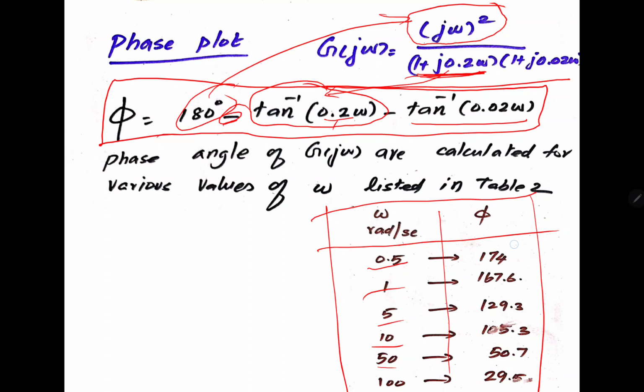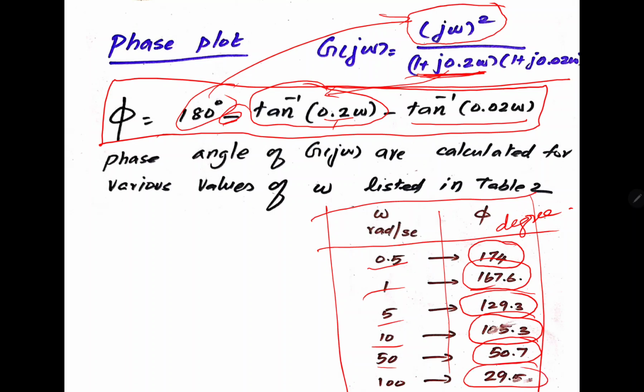For 0.5, the value is around 174 degrees. When omega is equal to 1, the value is around 167. For 5, 129 degrees, for 10, 105.3, and for 50, 50.7 degrees. For 100, it is around 29.5 degrees.